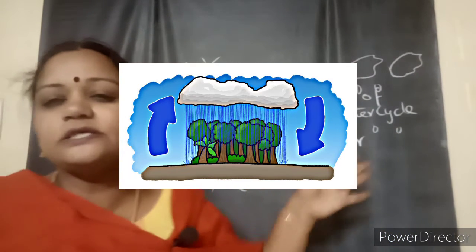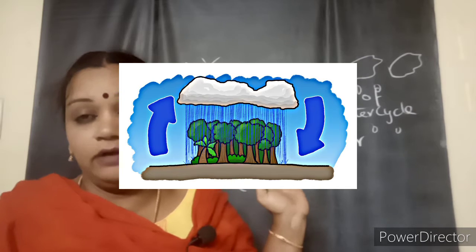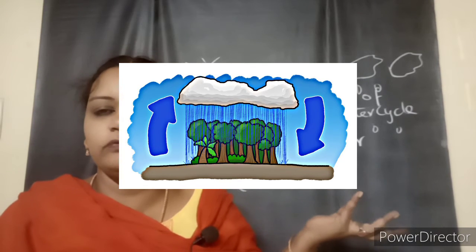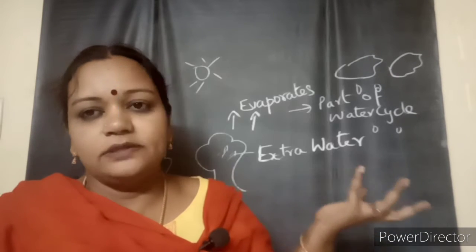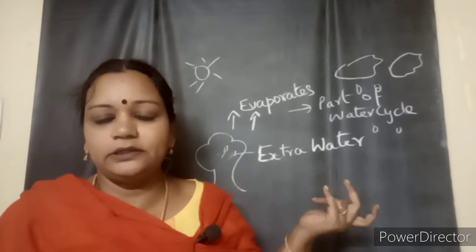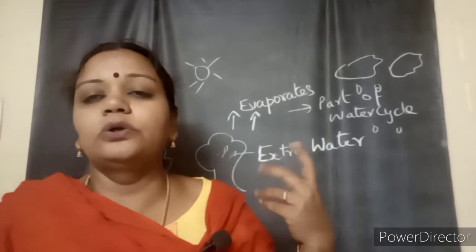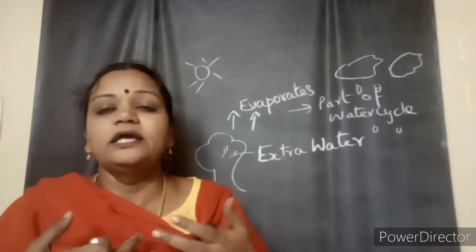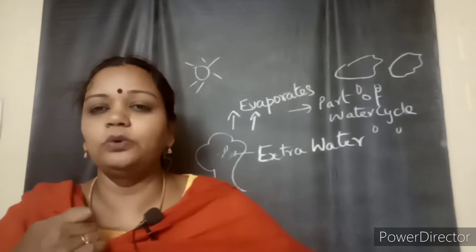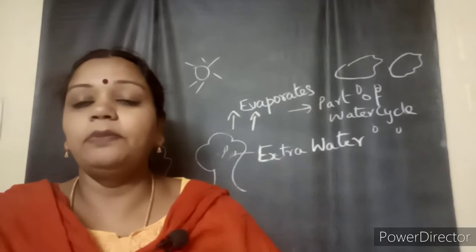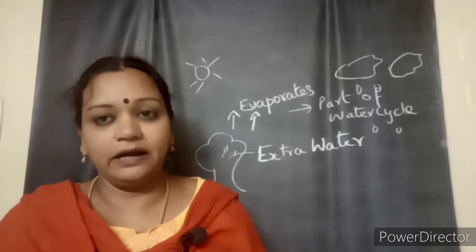So this is how trees also help in bringing rain. Very, very important. Rainfall is so important for life to be sustained, for life to continue on the earth. So not only giving food, not only giving us oxygen, not only giving other things for our comfortable living like wood, paper and all, even the plants help to bring the rainfall.